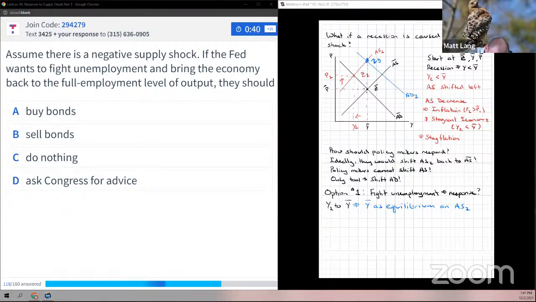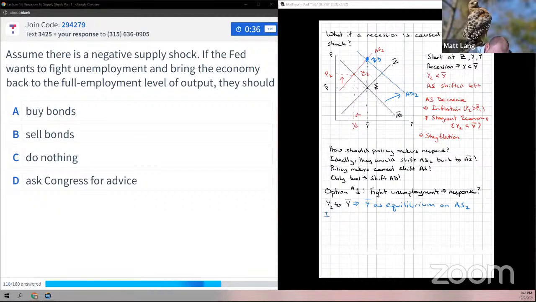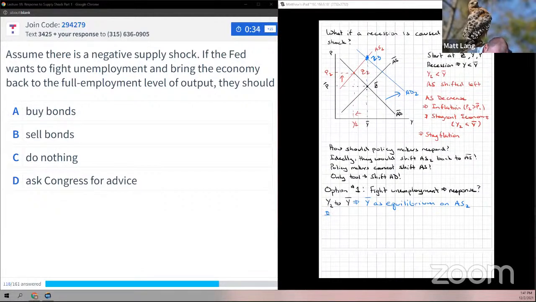Well, all the Fed needs to do is go out, buy bonds, increase the money supply, decrease the interest rate, increase AE, and increase AD. That will move us to Z3.